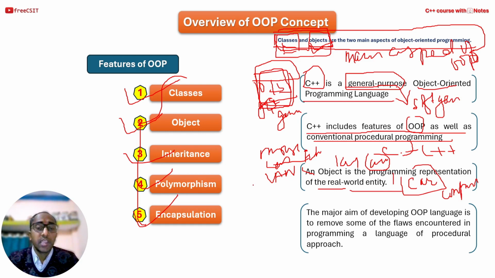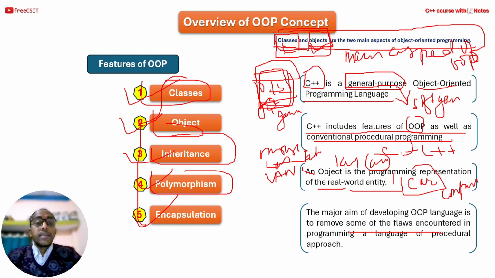So the major aim of developing OOP language is to remove some flaws. I've already told you about this. So these are the features. You can make a note. You can also make a note for your example, whether bachelor, BCA, MCA, or BCSIT, for any assignment you can write and note down, and you can also prepare for your exam purpose.